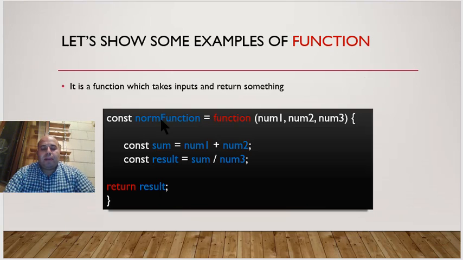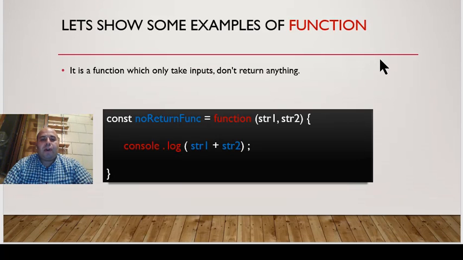As you can see in the black rectangle, we define a function assigned to this variable, which can be a function name, norm function, it is named, and there are three inputs, number 1, number 2, number 3, and it calculates the sum, divides the sum by number 3, and as a result returns the result variable.